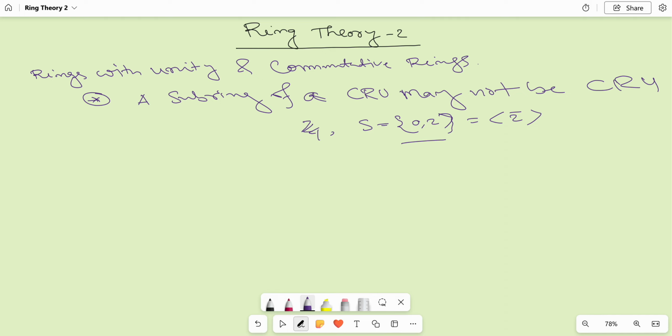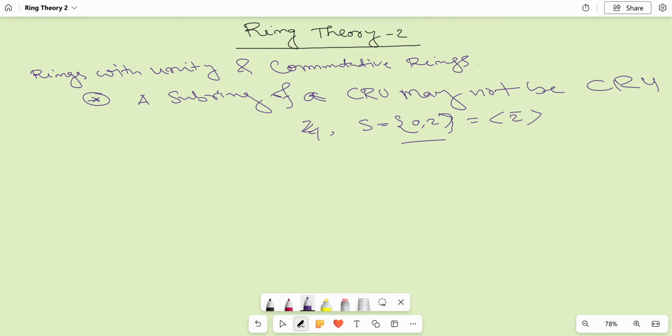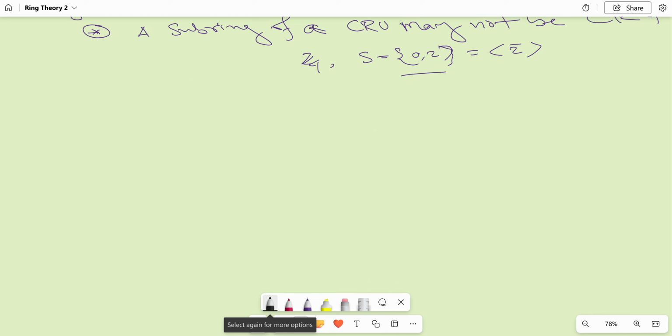So today we'll continue with some definitions. The first definition I am going to talk about is units. What are units in a ring? Let me give the definition of units.